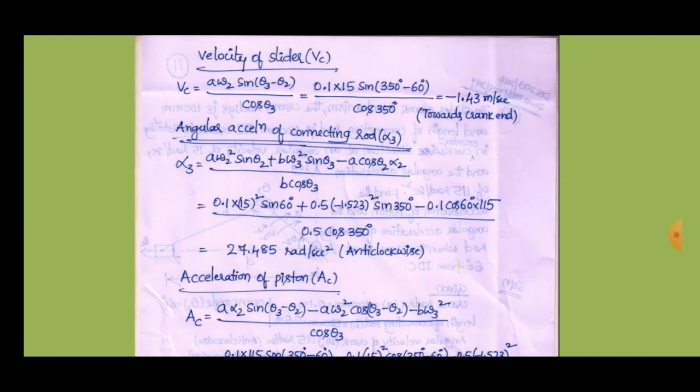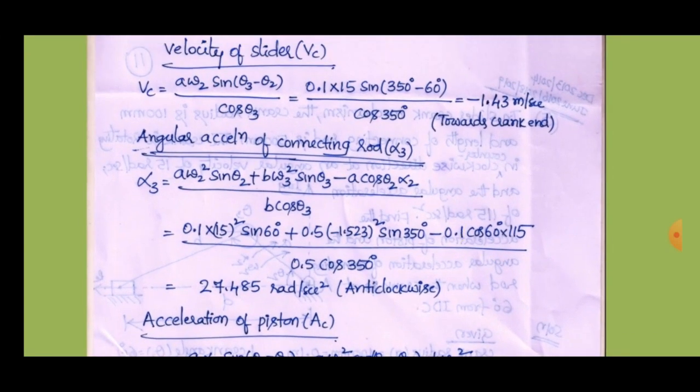Next, you find velocity of slider. So velocity of the slider means Vc, that is equal to a omega 2 into sine of theta 3 minus theta 2 by cos theta 3. Here also, except the velocity of the slider on the left hand side, you know all the values.